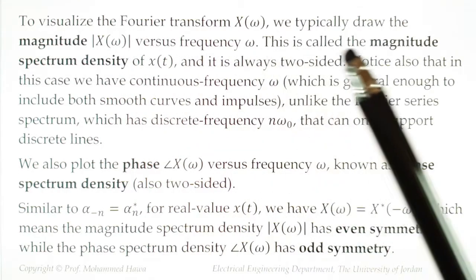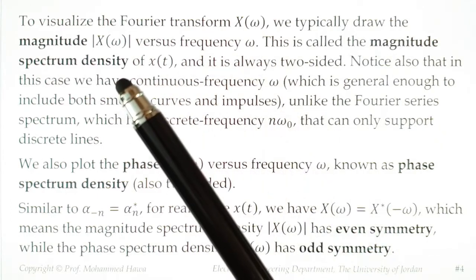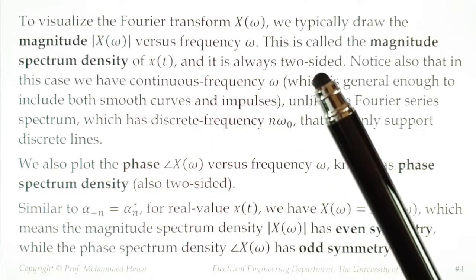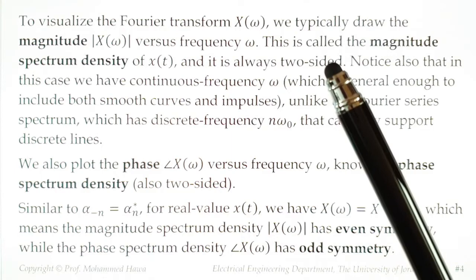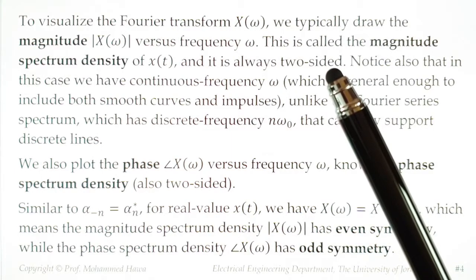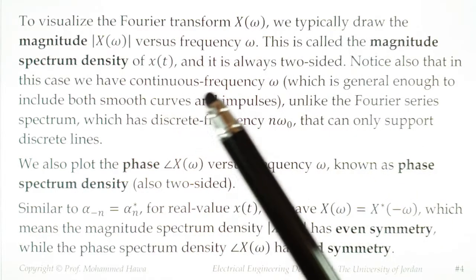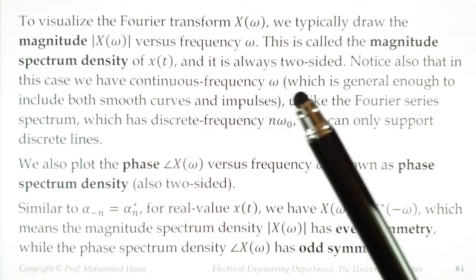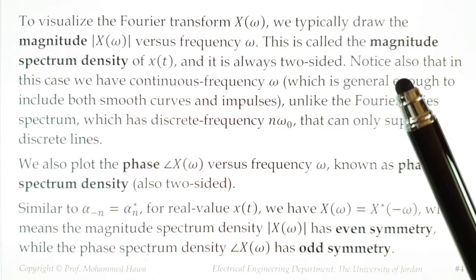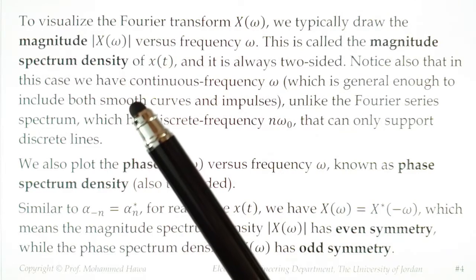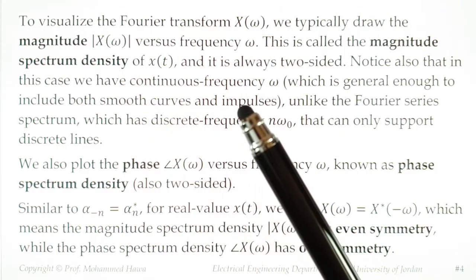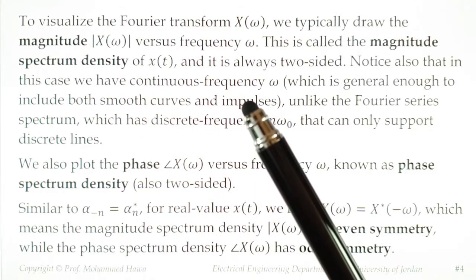Please also remember that the magnitude spectrum density is always double-sided or two-sided in a very similar fashion to the alpha n's, the magnitude spectrum in Fourier series. Notice, however, that the magnitude spectrum density is drawn versus continuous frequency omega, which gives you a very general diagram enough to include both smooth curves and impulses, which covers both the cases of periodic and aperiodic signals.